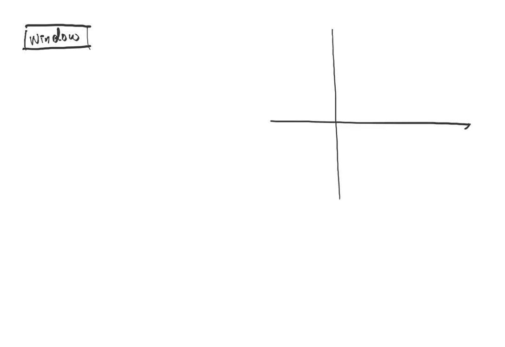Can you see the button beside y equals? Okay, window. When you go to the window, it's telling you how you are going to define your axis, the range. When you plot the graph, usually we will mark down from what to what and from what to what, am I right?